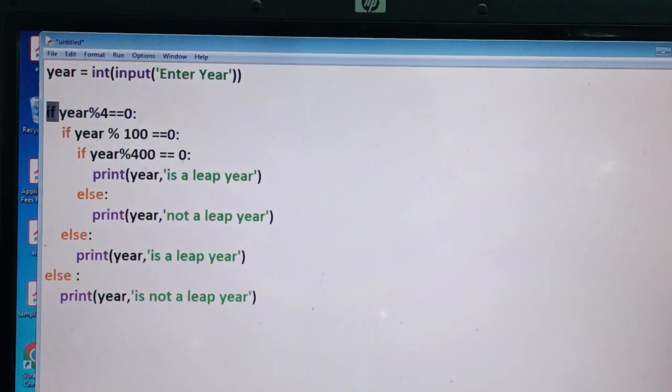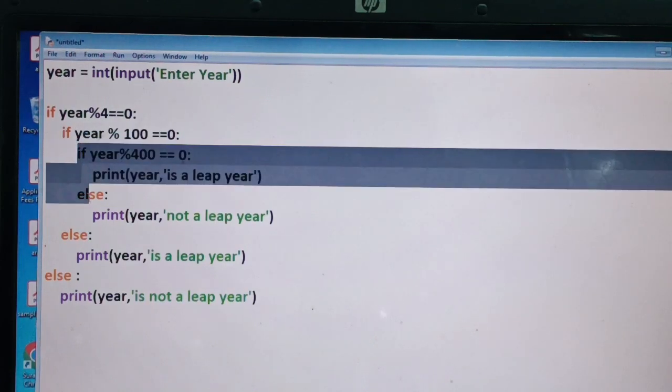See, this else is for this particular if. If the year is not divisible by 4, then definitely it is not a leap year. But if it is divisible by 4, then I have written a check for a century year. If the year is a century year, we have an if else.